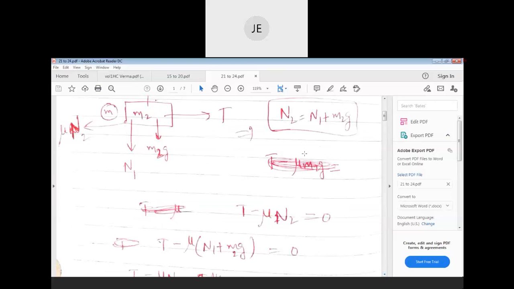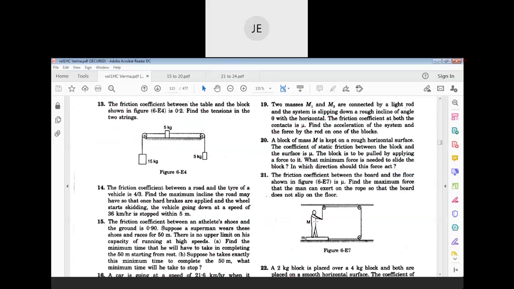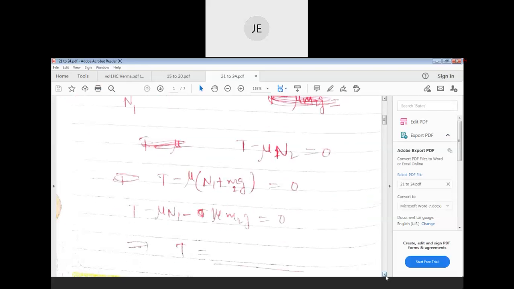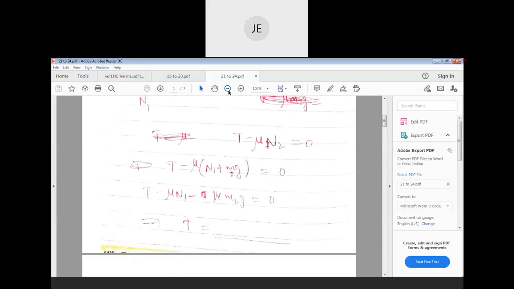N2 is nothing but N1 plus m2g, that is (m1 plus m2) into g. So for the normal force, you have to consider the man's mass and also the board's mass. That will become m1 plus m2. So you have to find the tension force. That is what the question is asking. You have to simplify this.